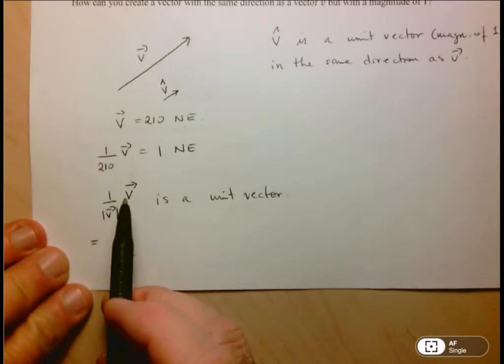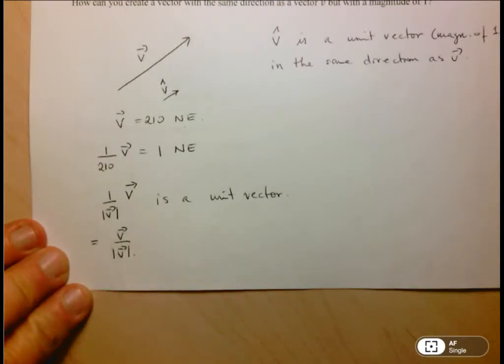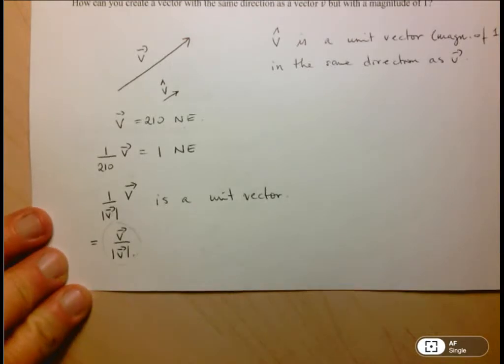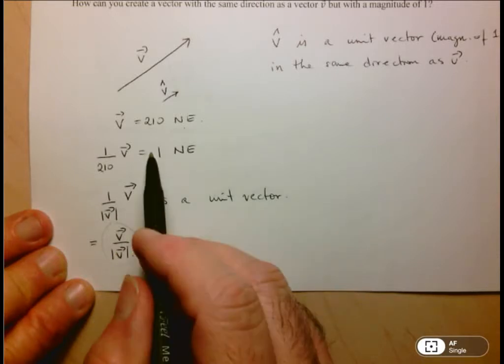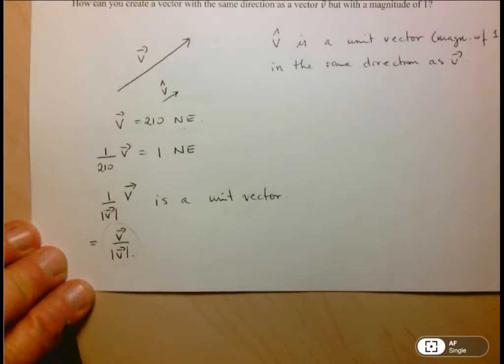It's just like multiplying by the reciprocal of that number. Okay, and so this is how you can define any unit vector. You take the original vector divided by its magnitude. The new vector will have magnitude 1, but will keep the same direction. Okay, it has to keep the same direction because 1 over magnitude of v is a positive number.